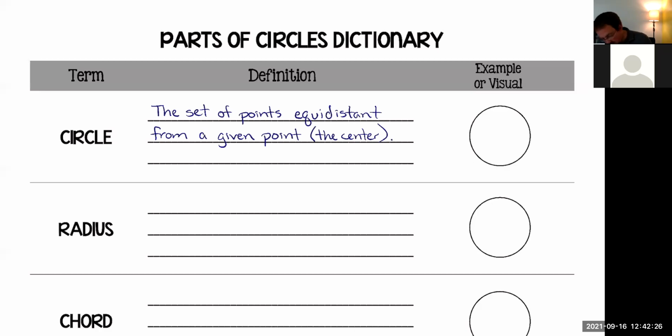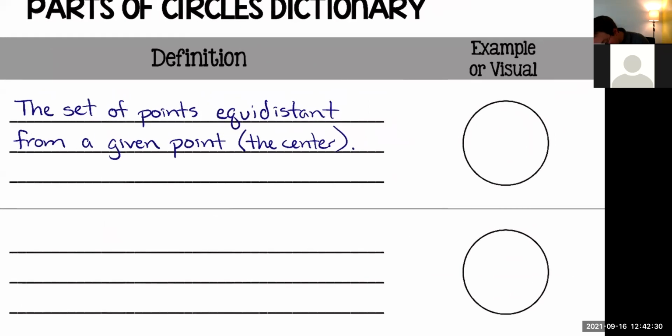So for this example here, we have a circle. We don't actually see the center, but we could assume that it's somewhere right here in the middle. And just for naming convention, I'm going to put the letter P here. We would refer to this as circle P. Now, occasionally you may see a symbol for circle.